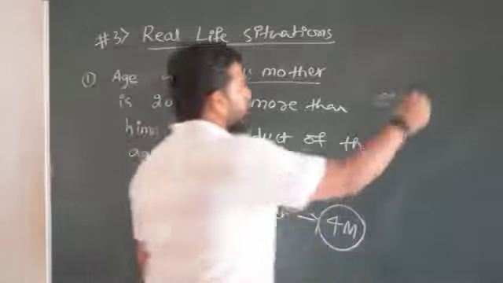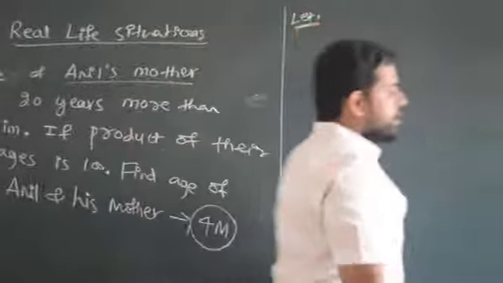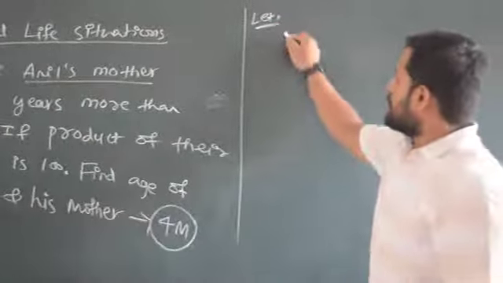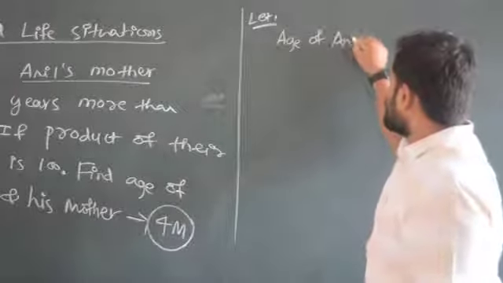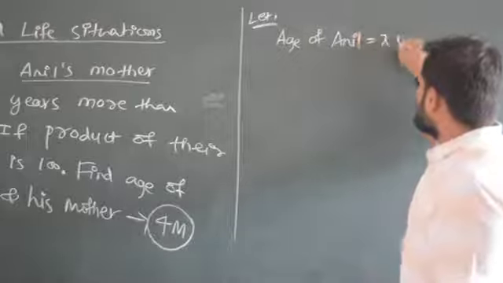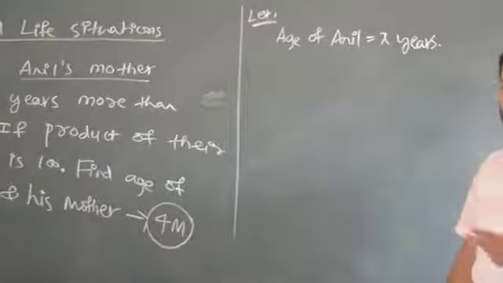Now, let us assume one thing. Let me come this side so that you can see the board. Let the age of Anil be x years. Can I take it like that? Of course, I have assumed. Let means I am assuming.